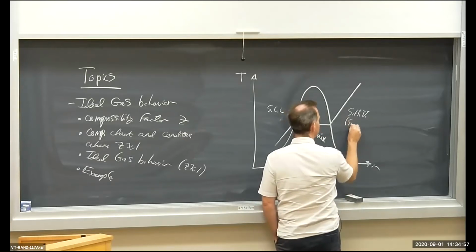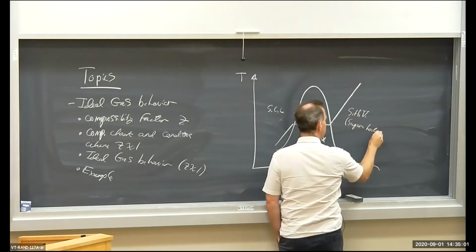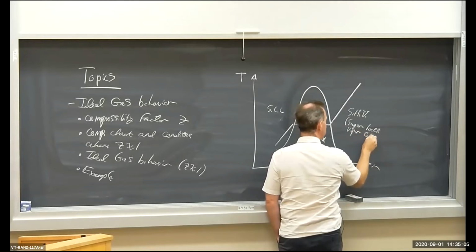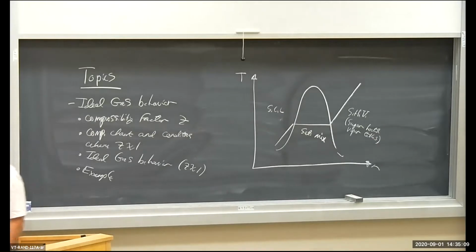So we use superheated vapor tables. And I think I showed you this last time. So let's have a quick look at a superheated vapor table out of the text.